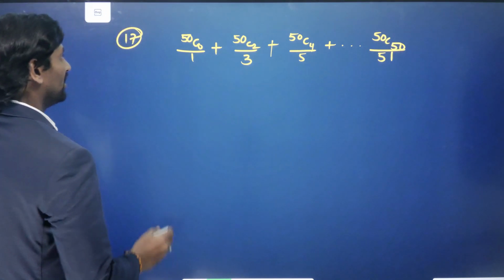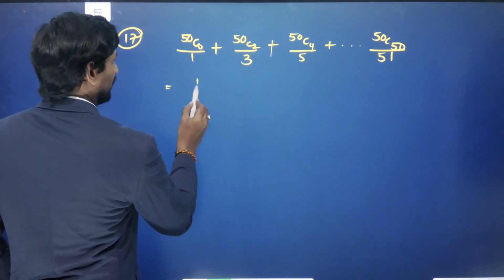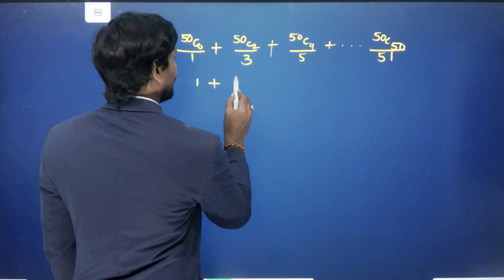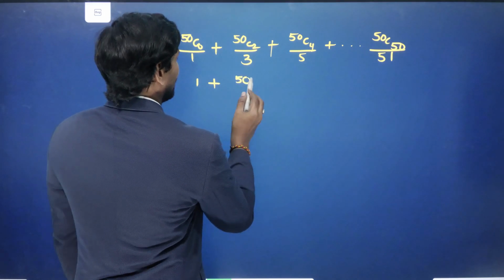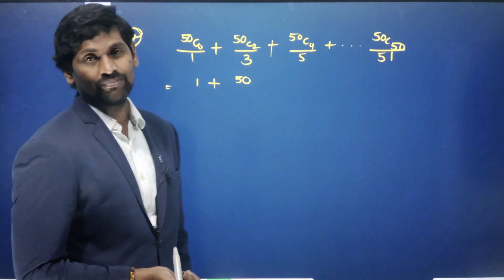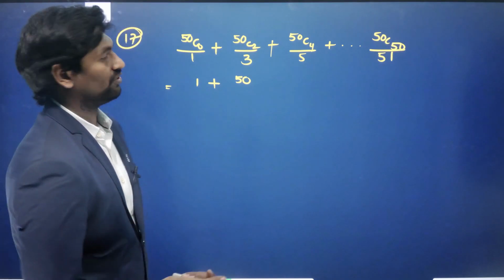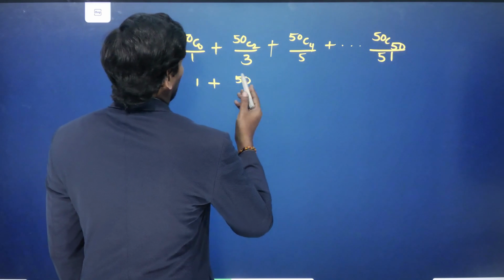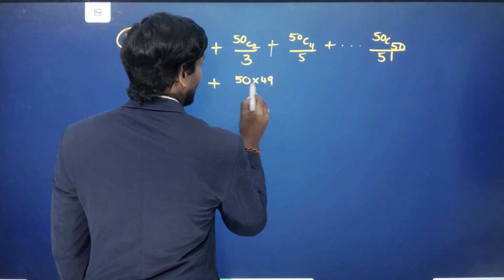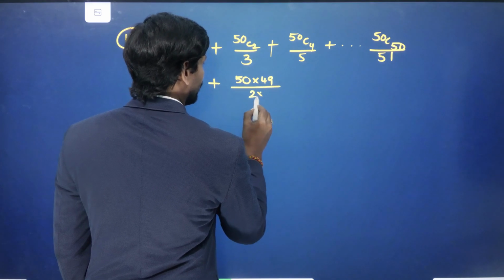Let us check. Now 50 C0 means 1. 1 by 1 means 1 itself. 50 C2, that means 50 factorial, or NCR formula, n factorial by n minus r factorial into r factorial. Or else we can write 50 into 49 by 2 into 1.